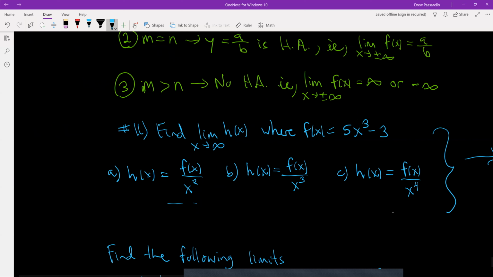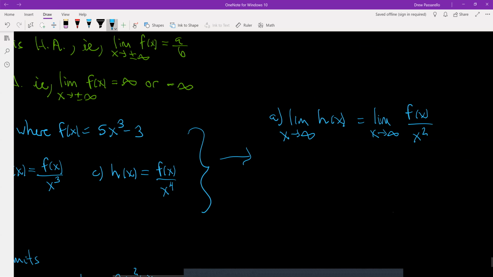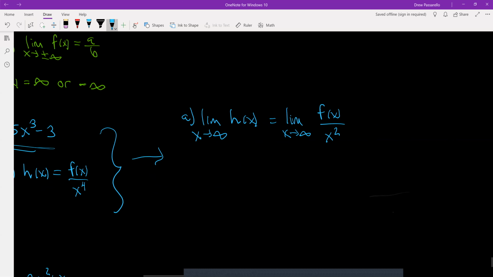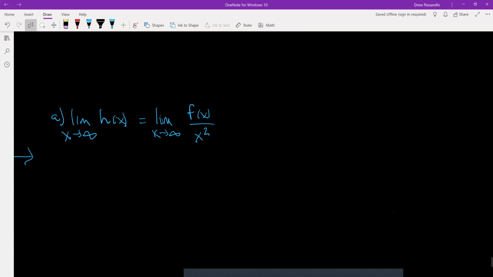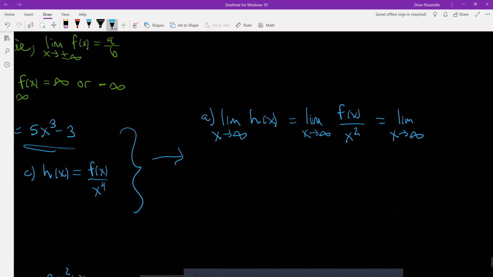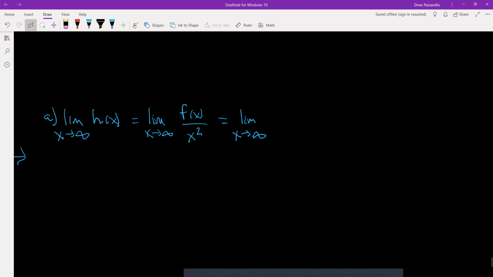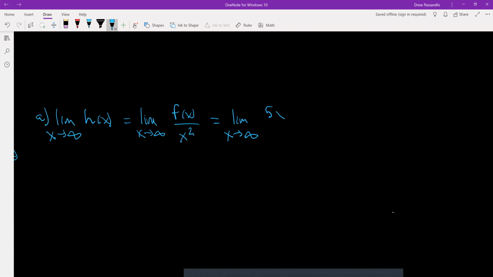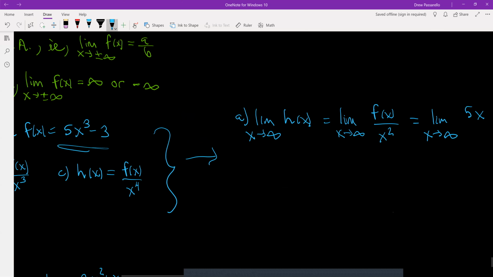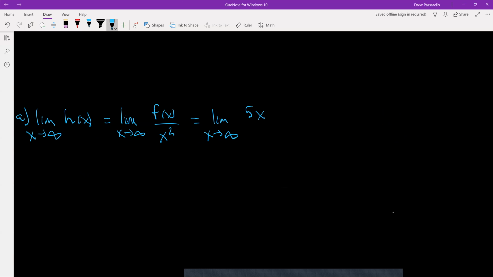Because that's what they tell us. F of x is 5x cubed minus 3. So we're doing the limit as x approaches infinity of 5x cubed minus 3 over x squared.